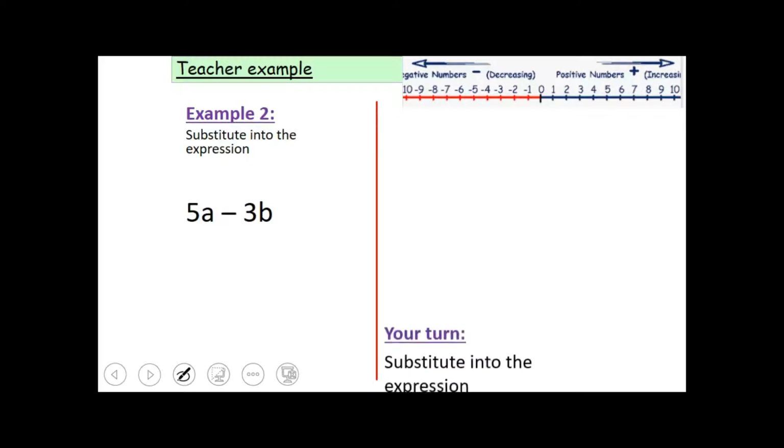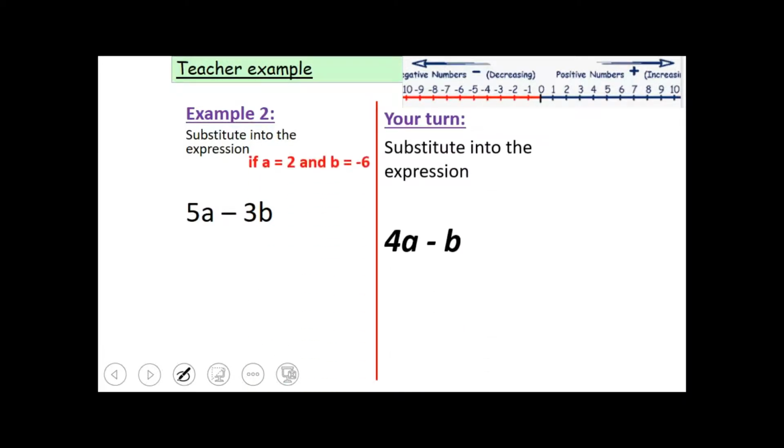Let's give another example for you up here. If I go through this example, the value of A is 2 this time, and the value of B is minus 6. So all I need to do is replace my values. I write here 5, and replace A with 2, take away, and 3 times minus 6.